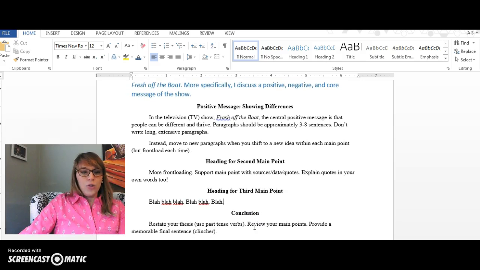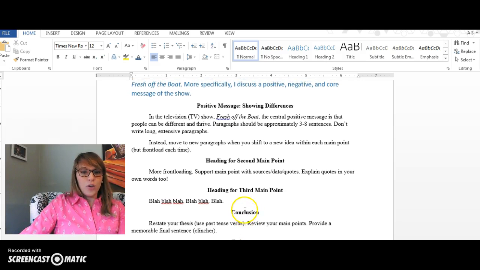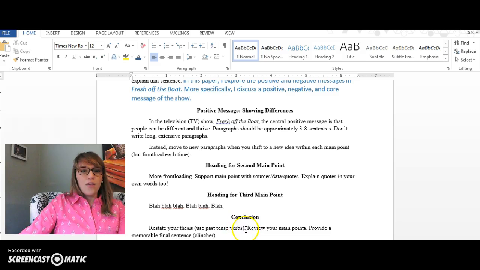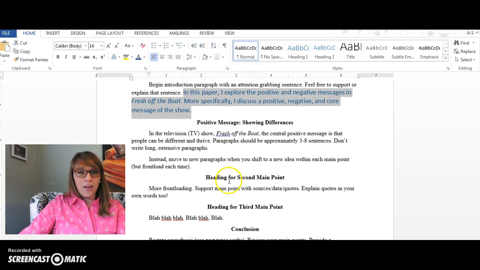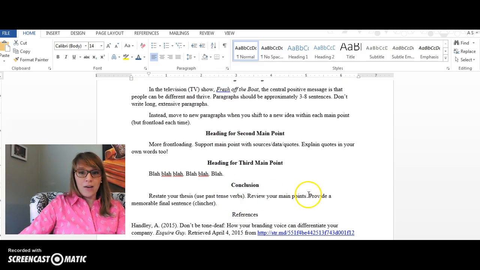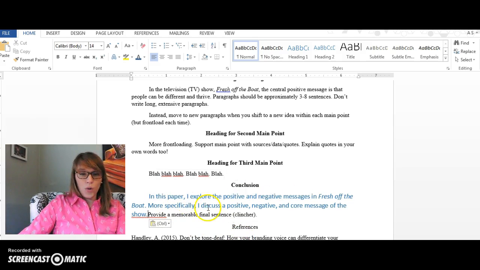And the last thing that you'll do in writing your paper is create an effective conclusion. The first sentence of your conclusion is a restatement of your thesis. The second sentence of your conclusion is a review of your main points. So that is as simple as copying this and coming down here and saying paste, and then you can change the words.